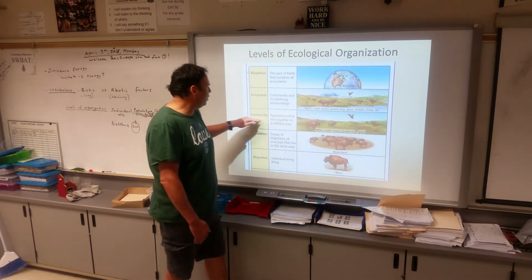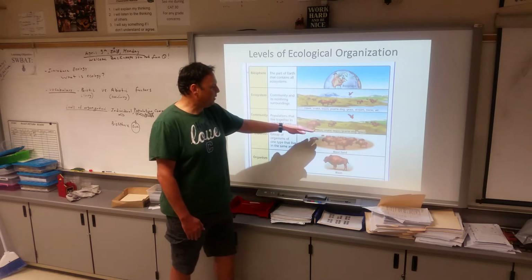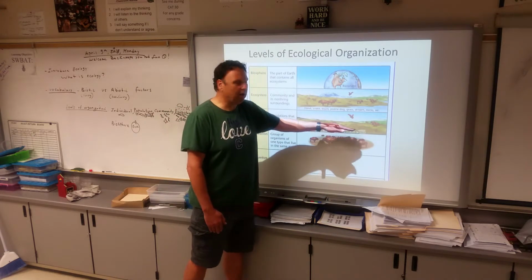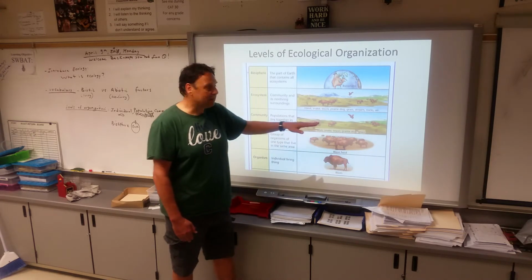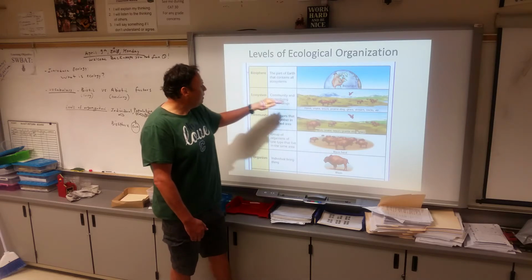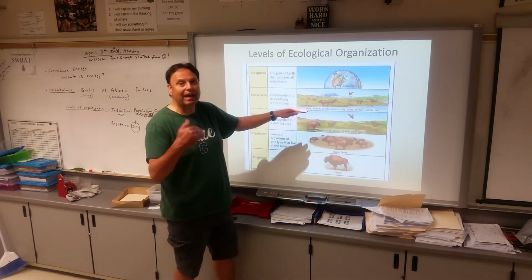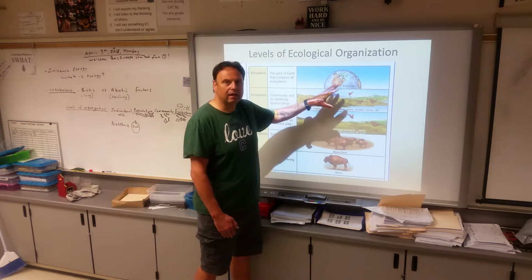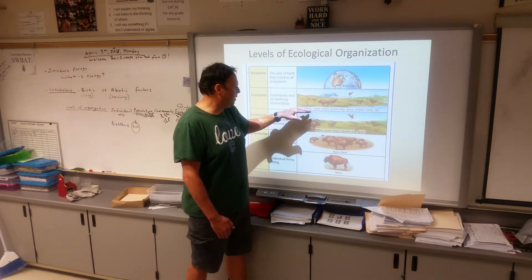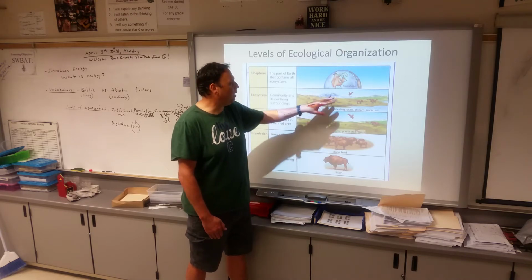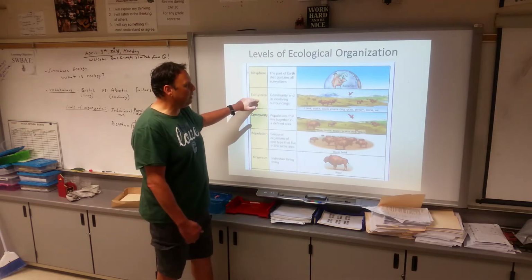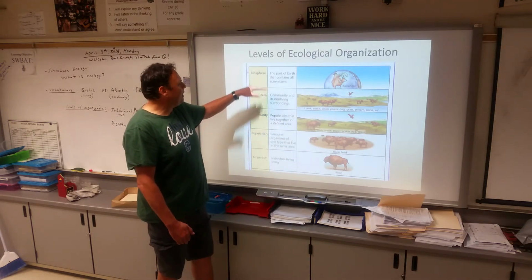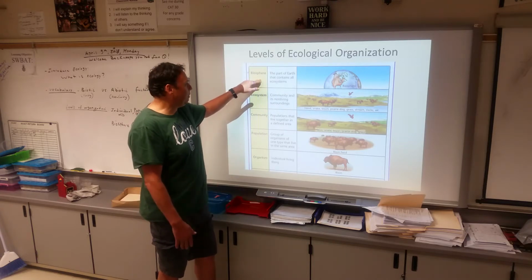Everything you can list at the community level is alive. So in this picture, they listed a hawk, a snake, a bison, a prairie dog, grass. These are all living things. When you get to the ecosystem, then you have non-living things. You have abiotic factors, like the rocks, the air, the stream, the heat, the sunlight. Those things, along with the hawk and the snake and the bison and prairie dog, all together make up the ecosystem.